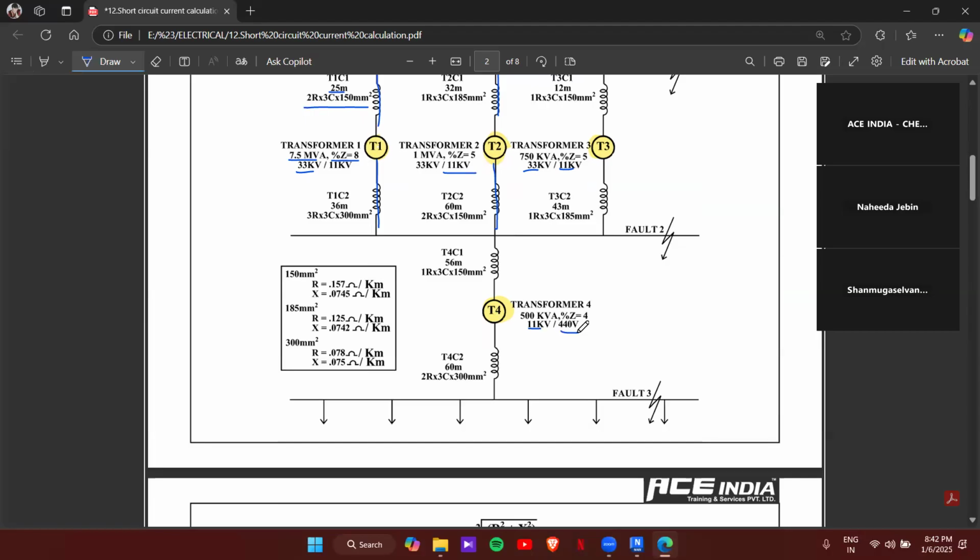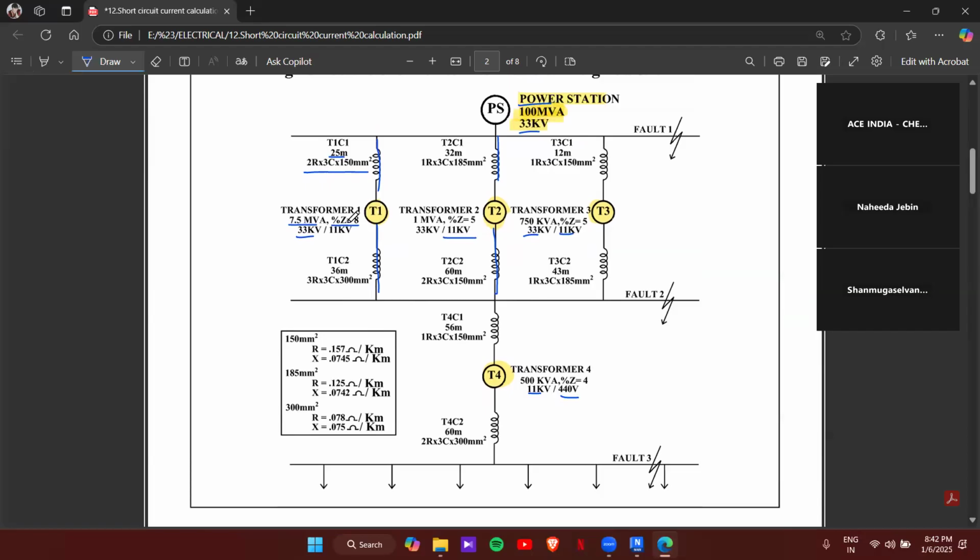For each cable, its R value and X value are given here, because the resistance value changes based on the cross-section area. Whenever the cross-section area changes, its R value and X value will change. These are not standards; they depend upon the manufacturer. You can get the resistance and reactance values of the selected cable from the manufacturer or any other source.